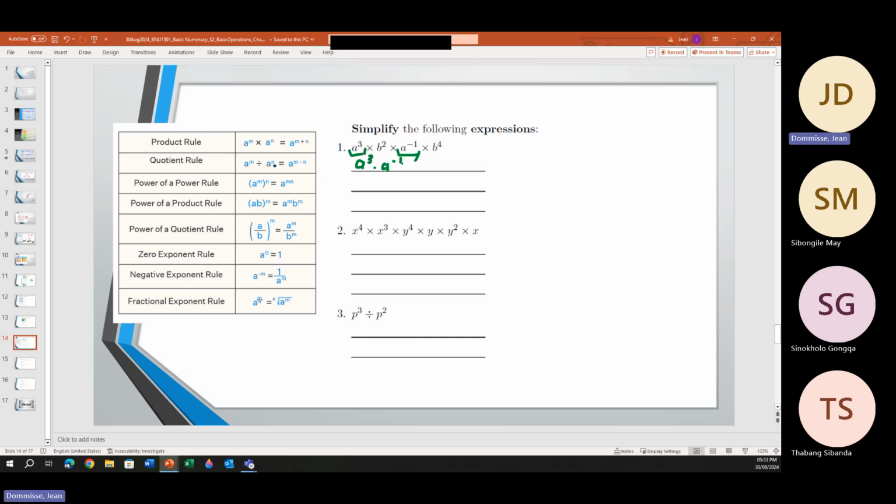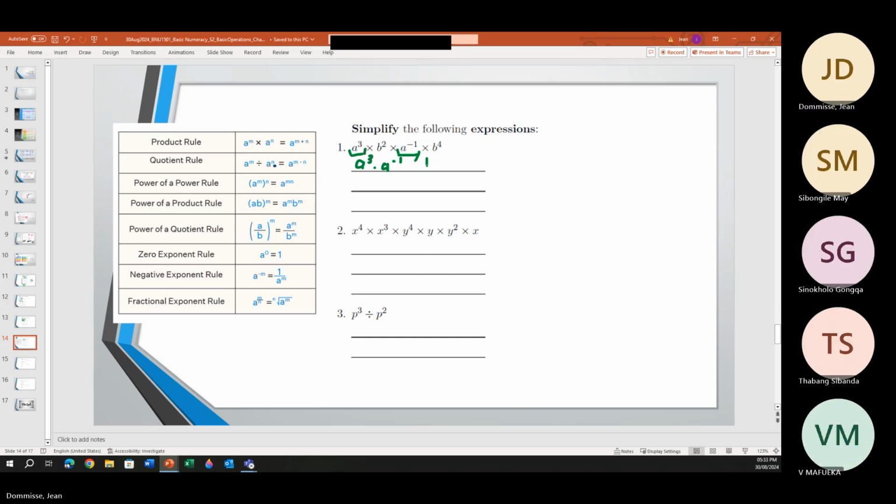Okay, and then we've got B to the power of 2 times B to the power of 4.